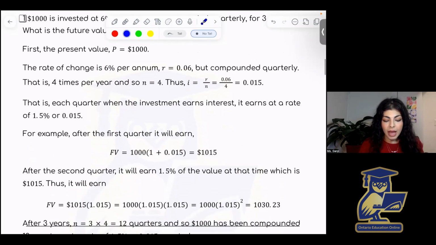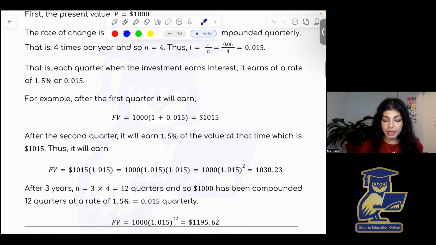So now, just so you visualize it a little bit better, after the first quarter, of course you have the $1,000, and that's what that 1 there is really telling us, right? And now you've earned 1.5% interest on the $1,000, which means you earned $15 interest and you already had $1,000. So after 1 quarter, you have $1,015.